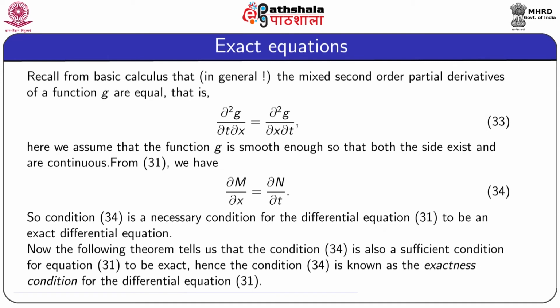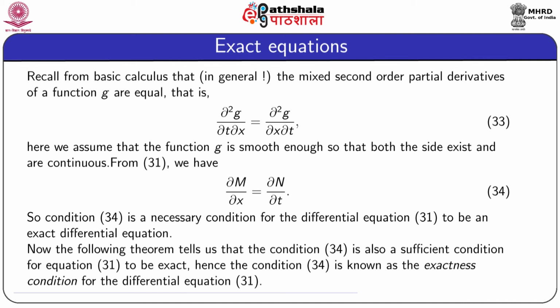If we recall basic calculus, the mixed second order partial derivatives of a function g are equal, that is ∂²g/∂t∂x is equal to ∂²g/∂x∂t, which is given by equation 33, and here we have to assume that the function g is smooth enough so that both sides exist and are continuous.